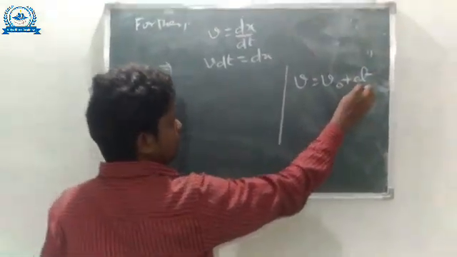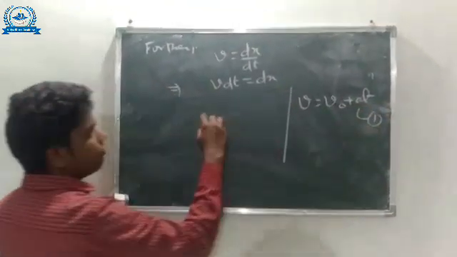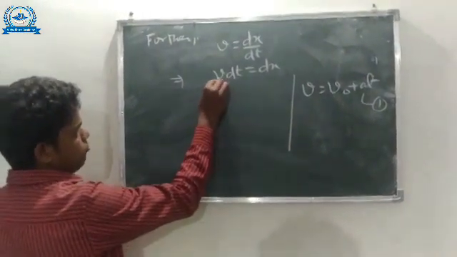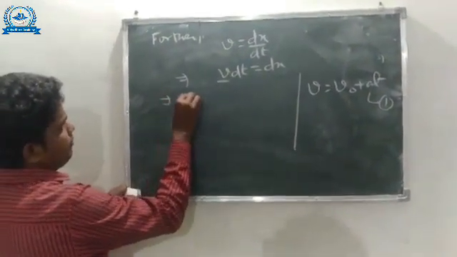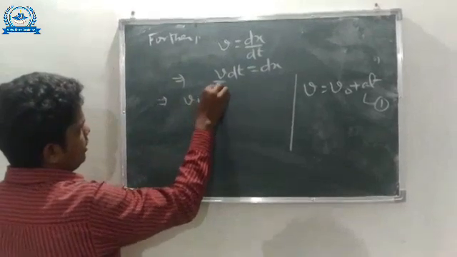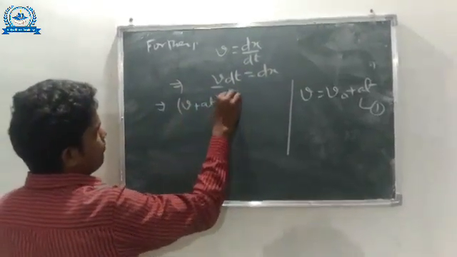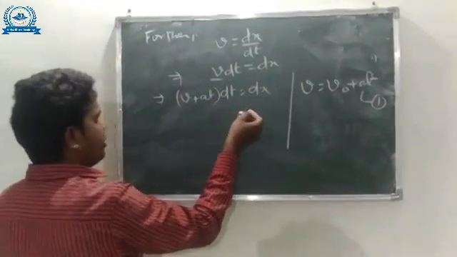This was our first equation. Put equation number 1 in the place of v, so we will get v0 plus at dt equals dx. Now integrating both sides.